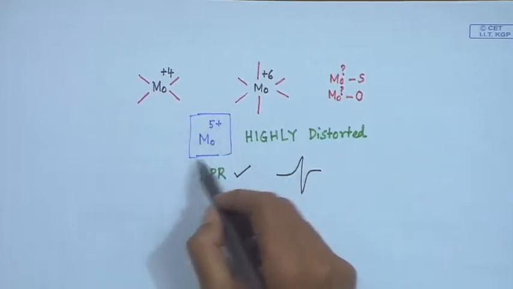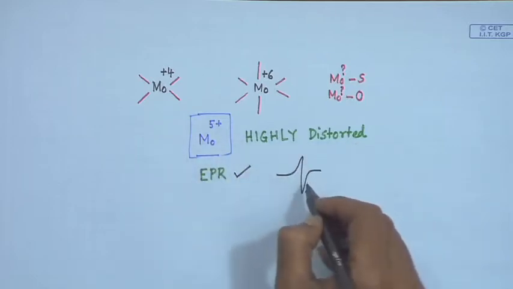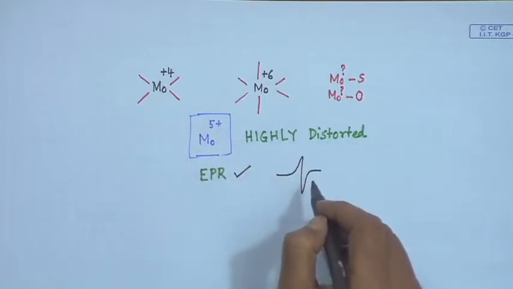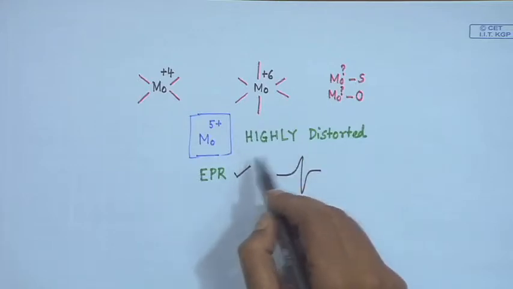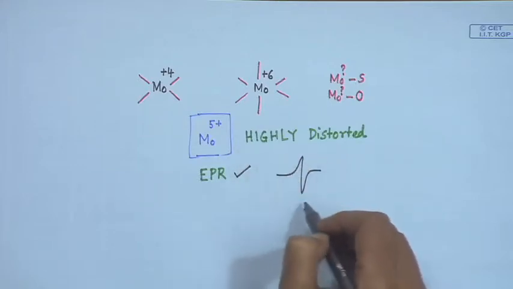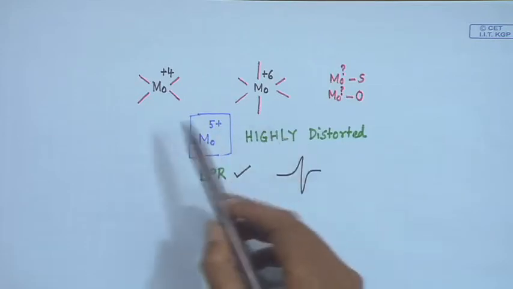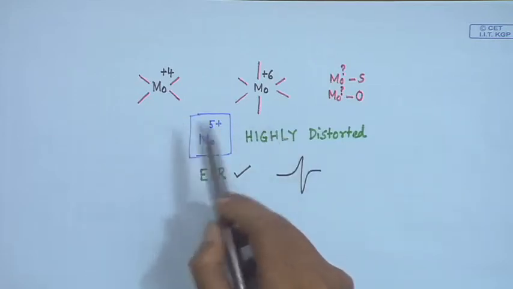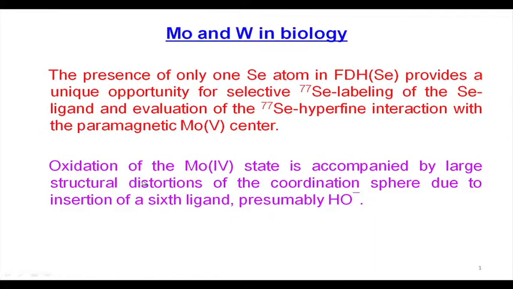But when the environment is distorted, your EPR spectrum is also definitely going to change. So, for a distorted environment, we do not get the same type of EPR spectrum that we get for a regular geometry. So, moving from the tetravalent state to a pentavalent state, that means the intermediate, is accompanied by a large structural change of the coordination sphere, because we are attracting the 6 ligands.